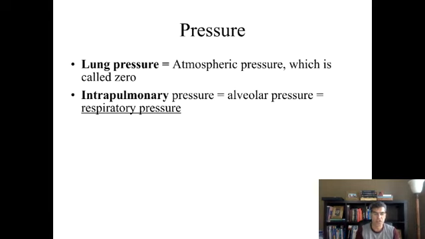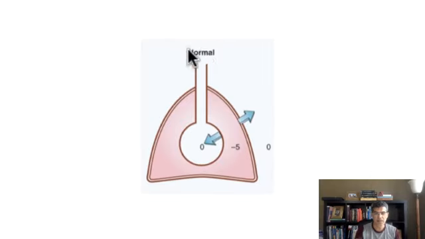There's another pressure, called intrapulmonary pressure. More commonly, it's called alveolar pressure. Sometimes it's called respiratory pressure. This is a pressure inside the alveolus. This is the outside. The pressure here is around 760, but we consider it as zero. If you open your mouth, the pressure outside your lung and inside your lung will be equal.